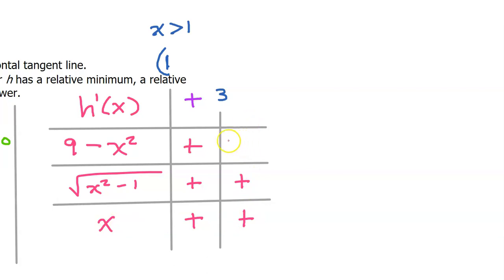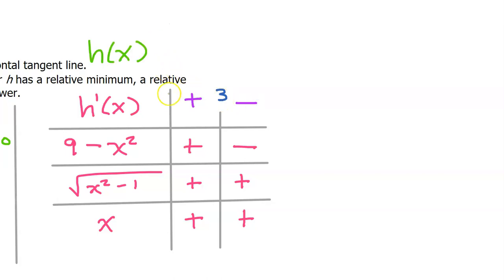But what about this one? If x were 4, then this would be 16. I'd have 9 minus 16. This would be a negative number. This single negative means that overall, I'm going to have a negative value from these 3 factors. So h prime would be negative in this interval.